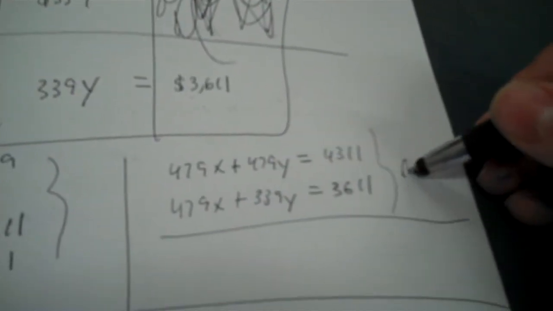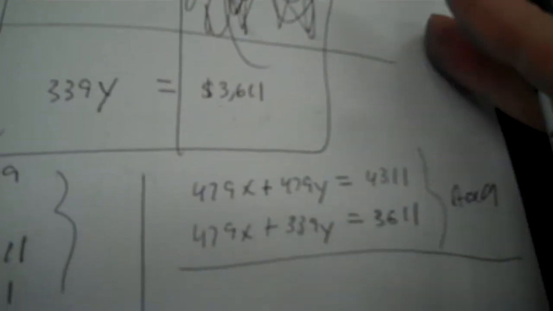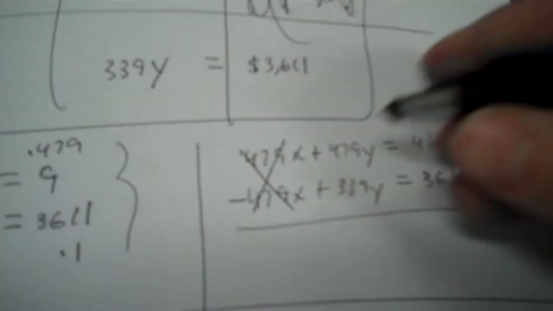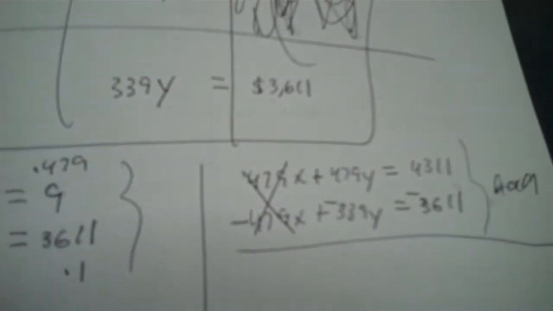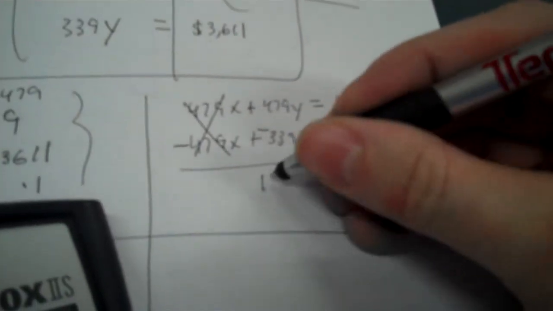Okay, now we want to add them, but 479 plus 479 isn't 0. It's actually 958. But if I go negative, now that's 0. Negative, negative. Now I add, I have 479, and I go plus negative 339. That's 140, so 140Y.